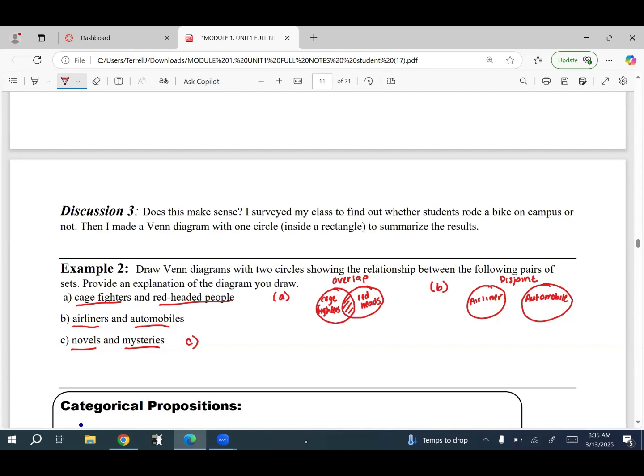A category of a novel can be mysteries. There's romance novels, there's mystery novels, and so forth, right? So this would be considered a subset. So my bigger set would be novels. And inside that are mysteries. Mysteries are a type of novel. This is considered a subset relationship.